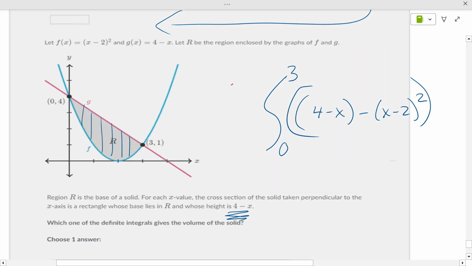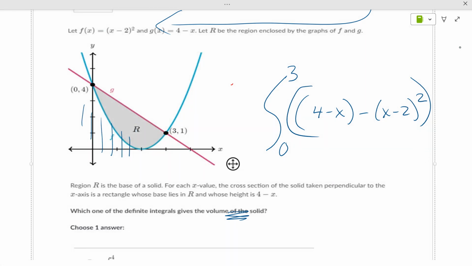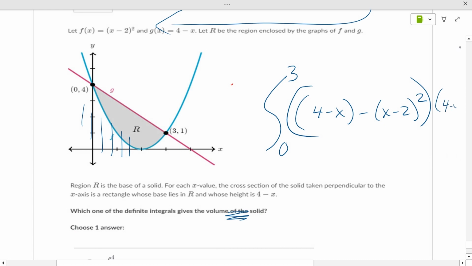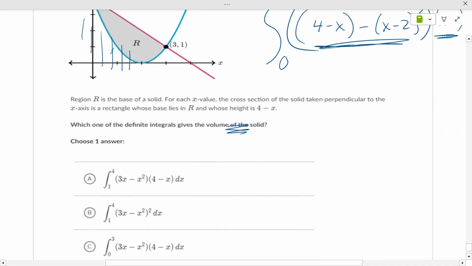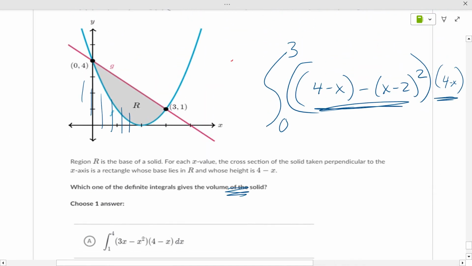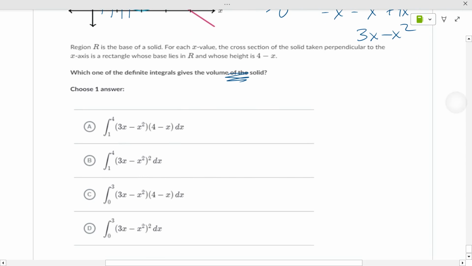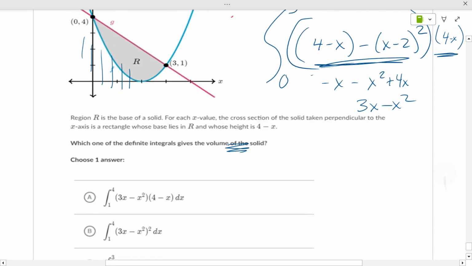And then we're taking that times 4 minus x. This is the base, this is the height. So 4 minus that squared out, 4 minus x squared minus 4x, so it's then plus 4x, and then plus 4, so it makes it minus 4. The 4's cancel. So negative x plus 4x is 3x minus x squared. So 3x minus x squared times 4 minus x from 0 to 3.